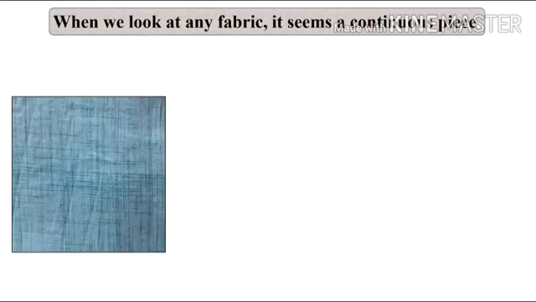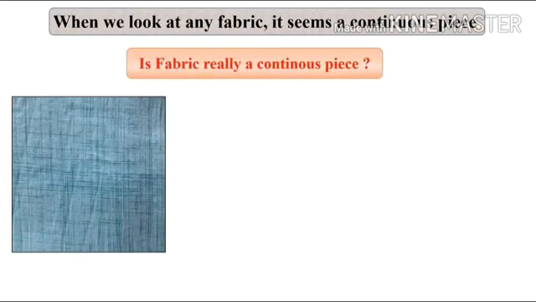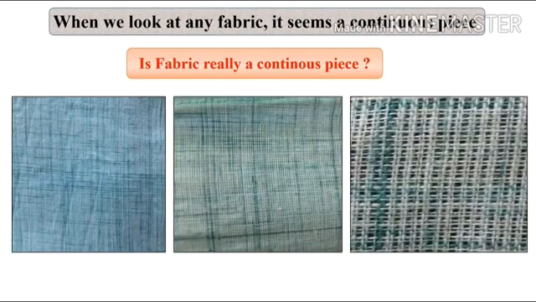When we look at any fabric, it seems a continuous piece. Is fabric really a continuous piece, children? When you look at these fabrics, it seems to be a continuous piece. But in order to understand in detail, take a photograph and zoom it.